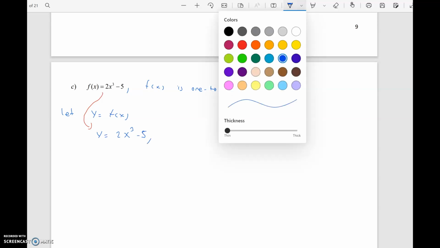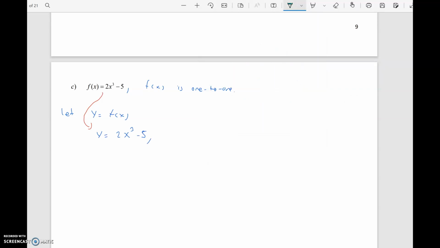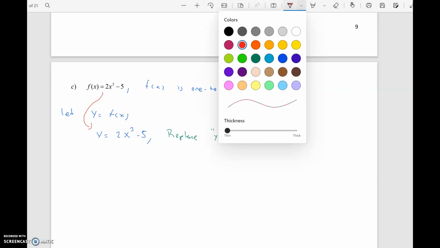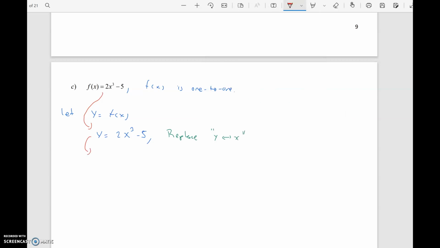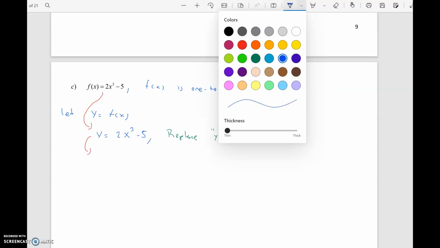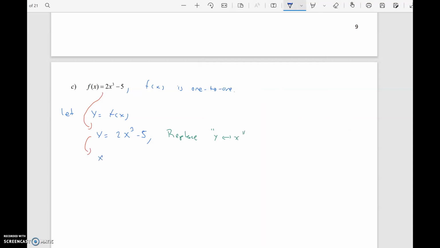Do the replacement. I'm just going to write it as replace y technically by x. And what this does is we're now rewriting it as x is equal to 2y to the 3rd minus 5, and then we'll solve for y.